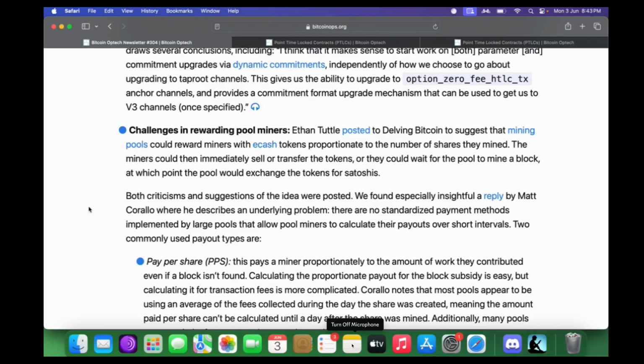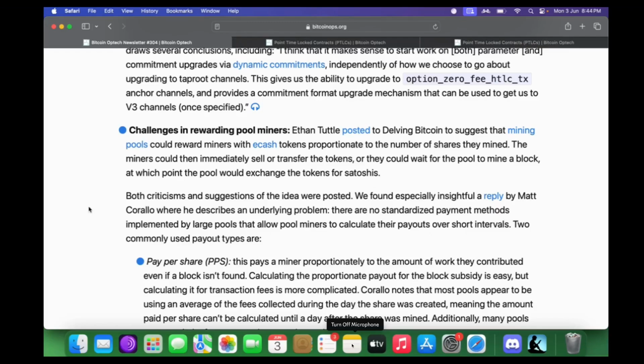So if a solo miner is eligible for a payout, but the payout does not reach that threshold, obviously the mining pool will not pay the miner. What the mining pool can do is pay eCash tokens to the solo miners. Instead of paying them in bitcoins or making them wait till they reach a certain threshold or till they find a block, you can immediately start paying the miners eCash tokens at a certain fixed interval of time.